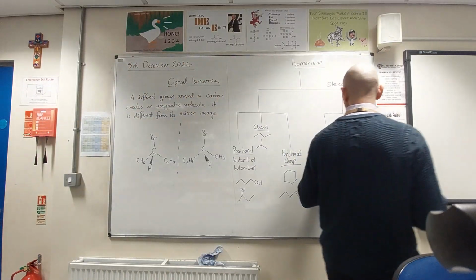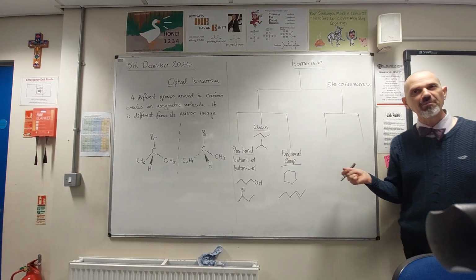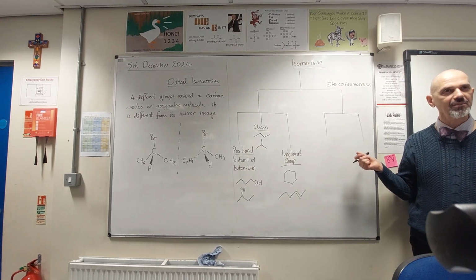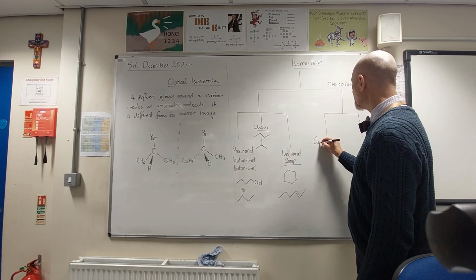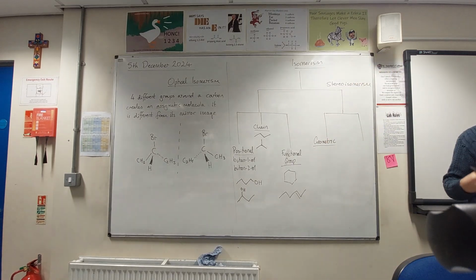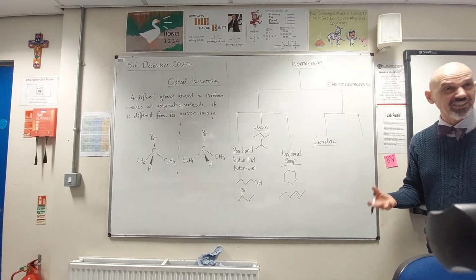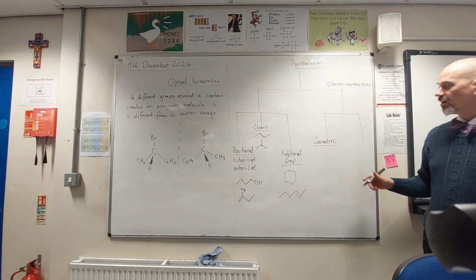Okay, right. What's the type of stereoisomerism that we met already that came up a bit in the exam? Can you remember? Geometric, very good. Not very often that word comes to the front. It's usually called EZ or cis-trans, but actually its correct name is geometric. So that's your EZ isomerism.